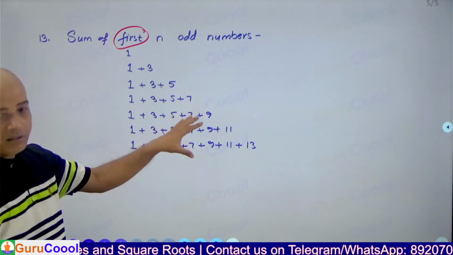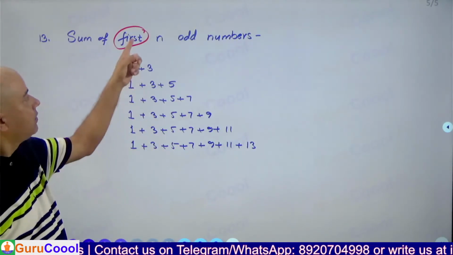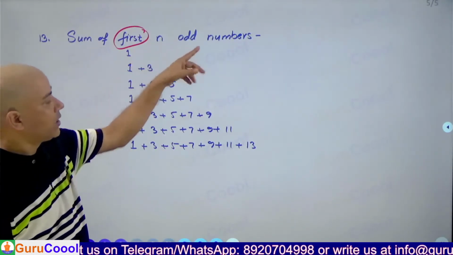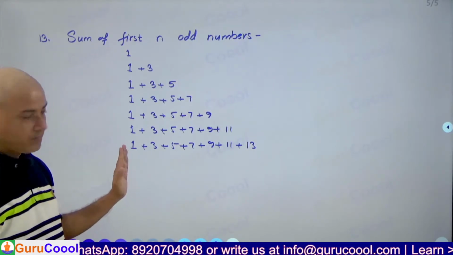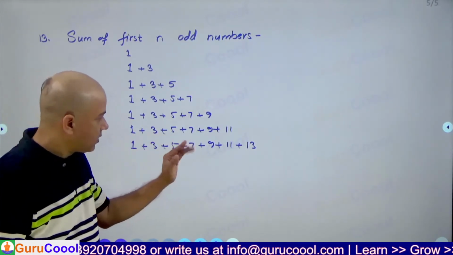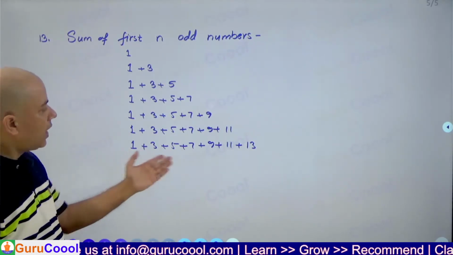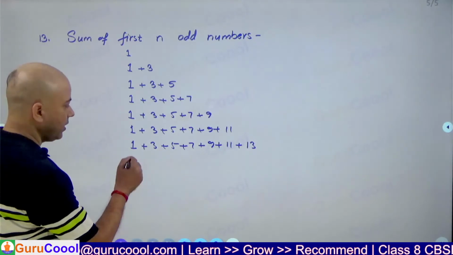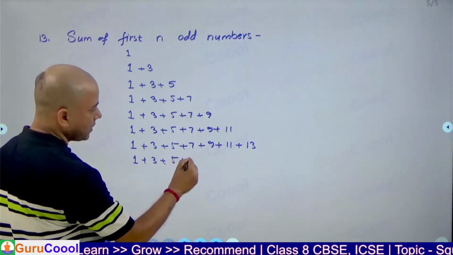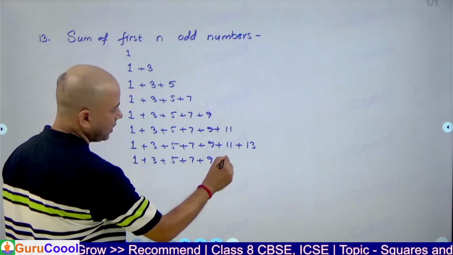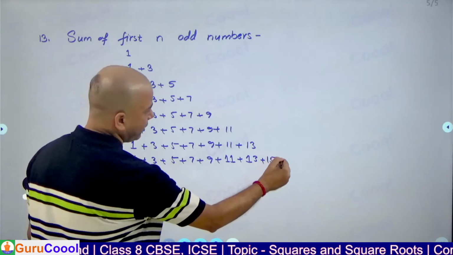The trick is applicable for the first n odd numbers, starting with 1 and taking all the odd numbers without skipping any. Do you know how to find the sum of these odd numbers? 1 plus 3 plus 5 plus 7 plus 9 plus 11 plus 13 plus 15.